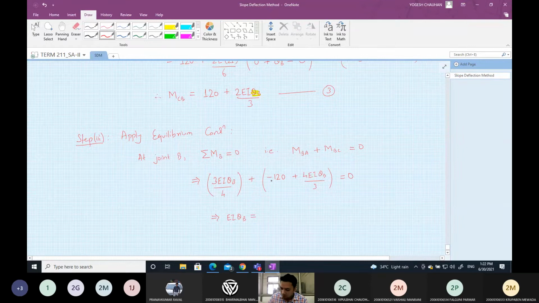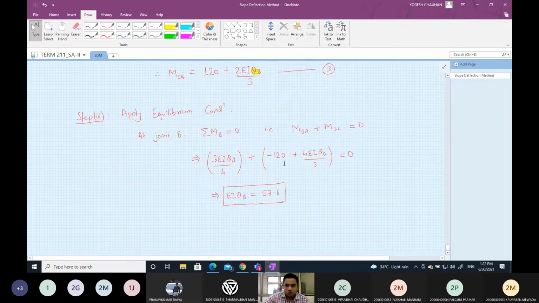You take 120 on the right side, multiply 3 to the first term and multiply 4 to the other term, and take 4 into 3 on the right side, that is 12.